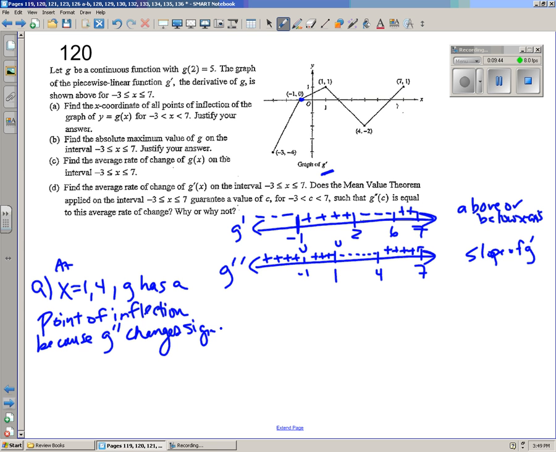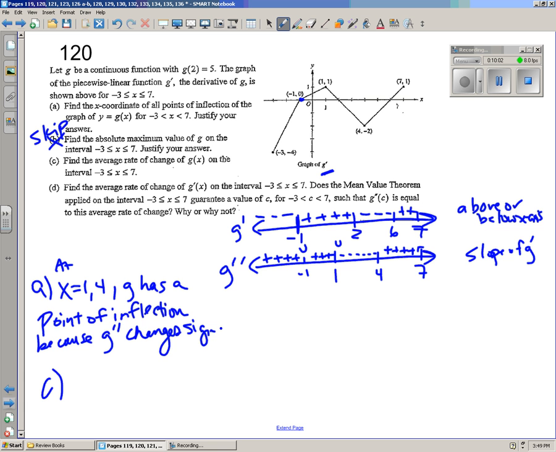There's your part A. Part B, find the absolute maximum value of g. We're going to skip this right now. We haven't done enough math to do it, but we will come back to it.